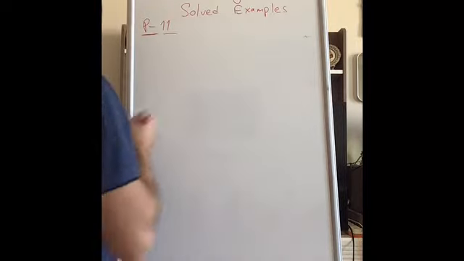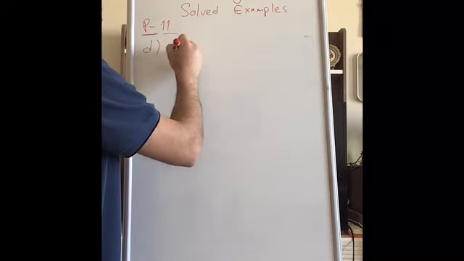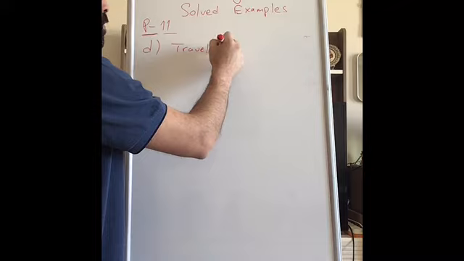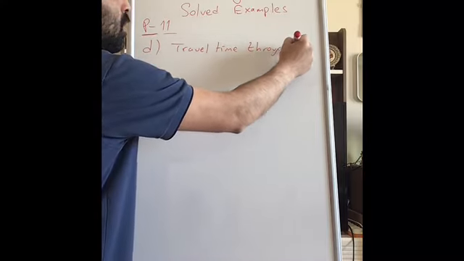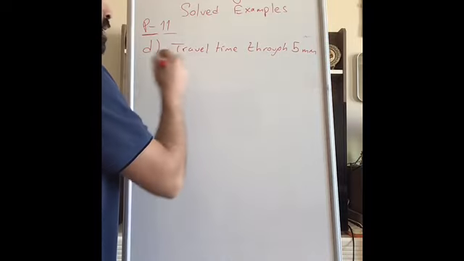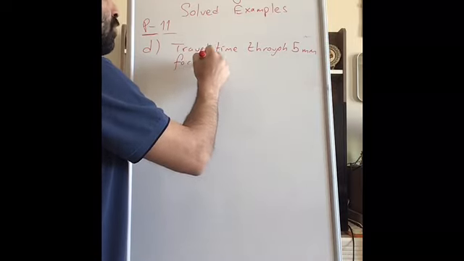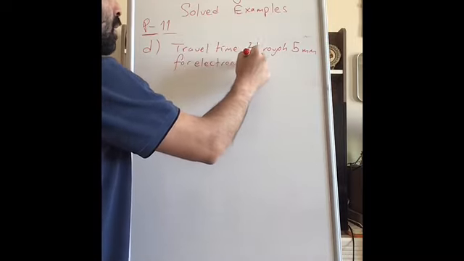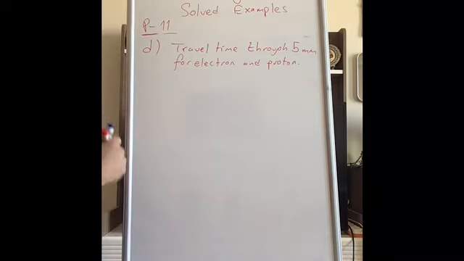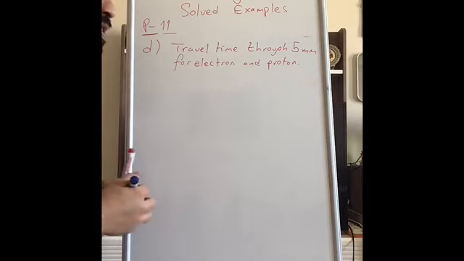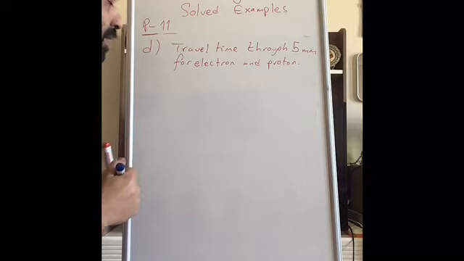Part D is asking the travel time through 5 millimeters for the electron and proton. Now let's first write the equation of motion for an object moving with constant acceleration, because the electric force is not changing.